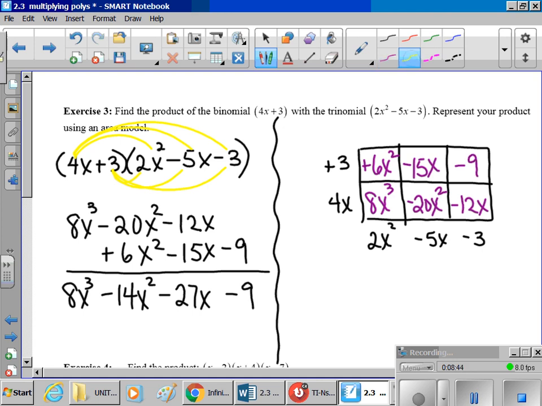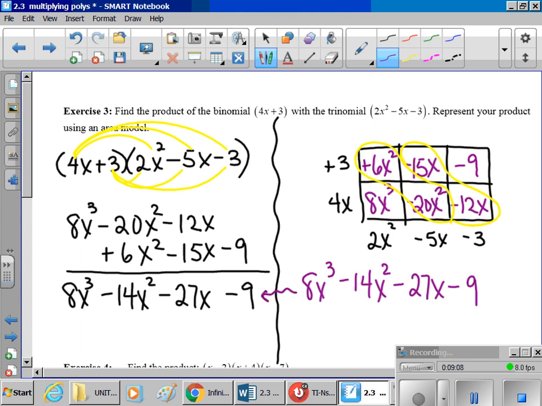So if we did this properly, these should be like terms, which they are. And our answer is going to be the 8x cubed minus 14x squared minus 27x minus 9, which is the same thing we have right here.